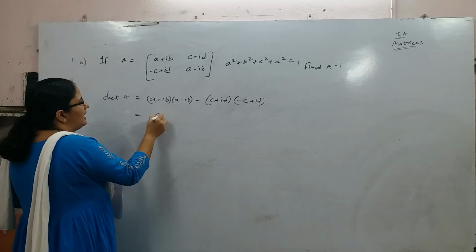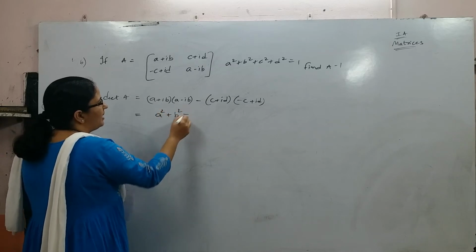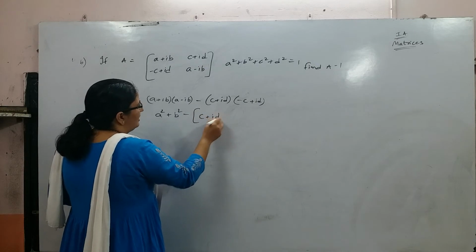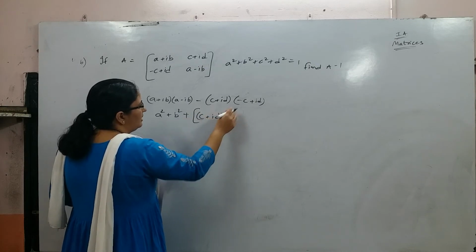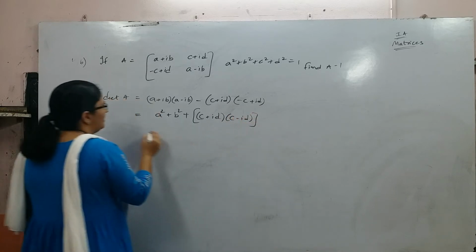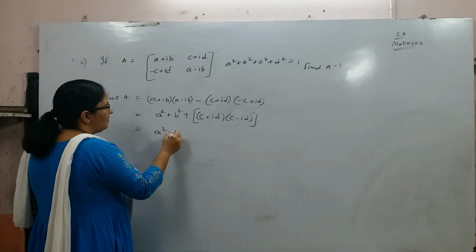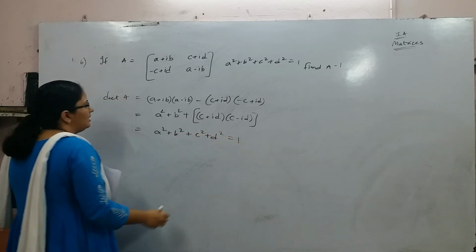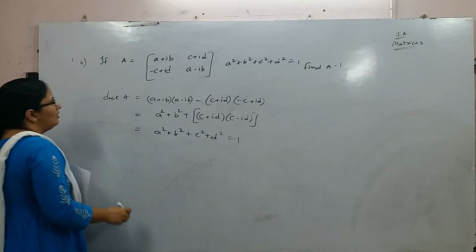That is a square plus b square minus (c plus id) into (here I will write) (c minus id). That is equal to a square plus b square plus c square plus d square, which is equal to 1. So det A is equal to 1.